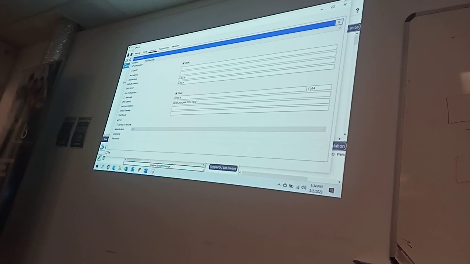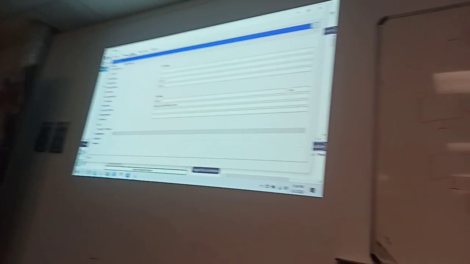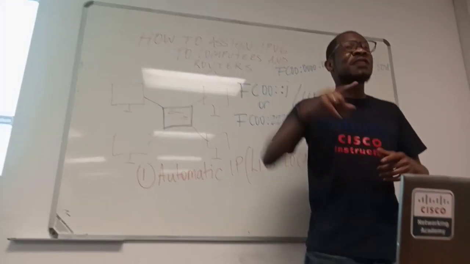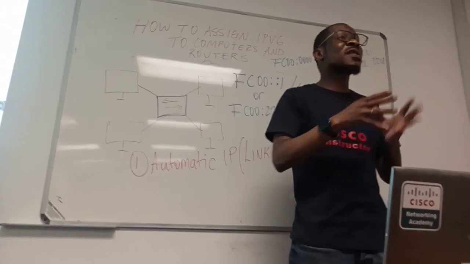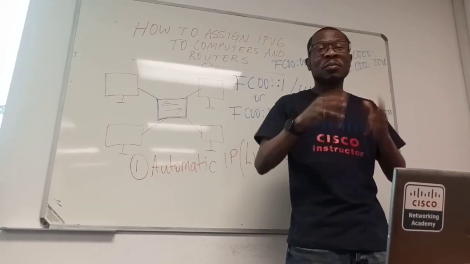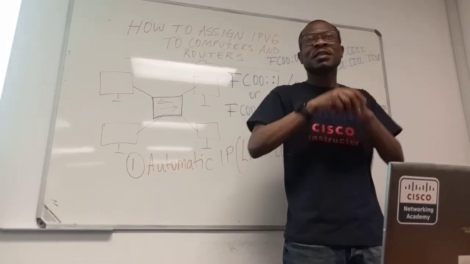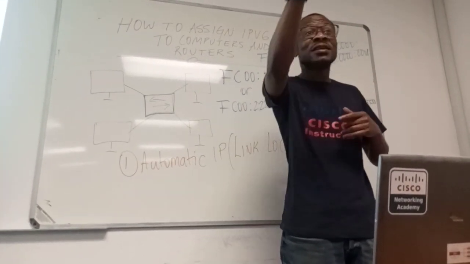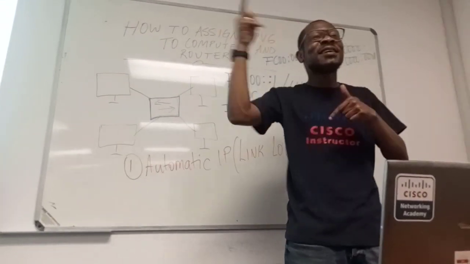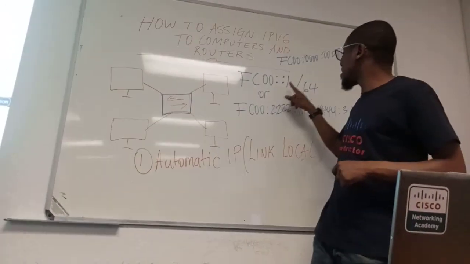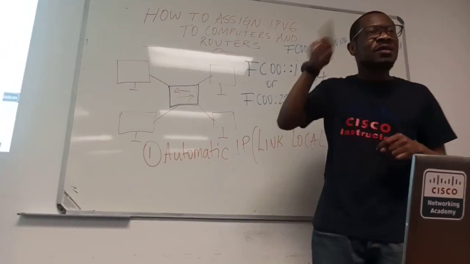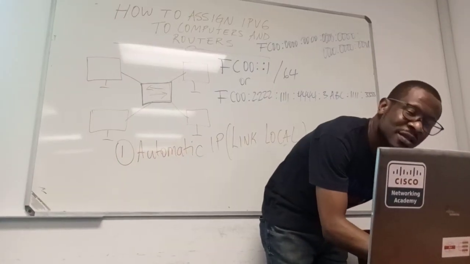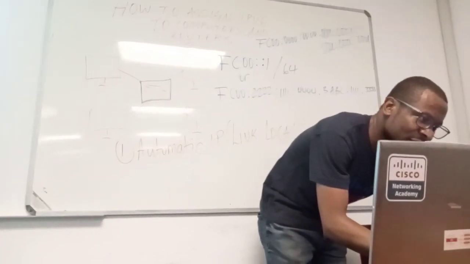Fine like this. FC00 ::1. So next computer is gonna be what? FC00 ::2. Third computer, FC00 ::3. You go to the next computer. You only change the last digit, because they are in the same network.